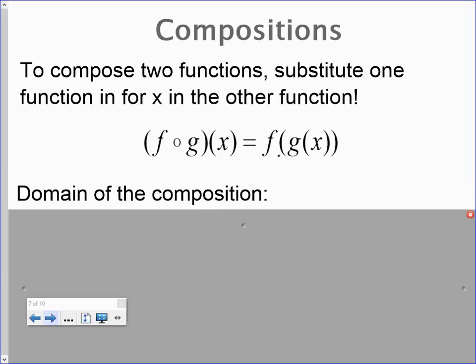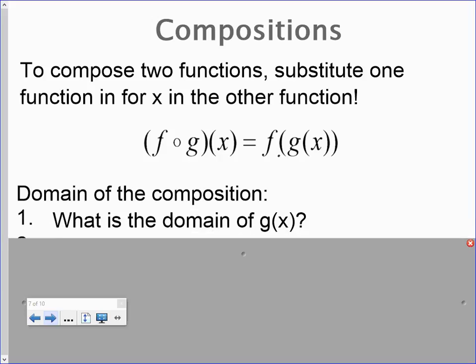The key piece to this is going to be the domain. You need to think about the domain, and the domain in a composition has really like 3 parts to consider. The first thing you should always consider is what's the domain of the function you're plugging into the other function. I call it the inside function.